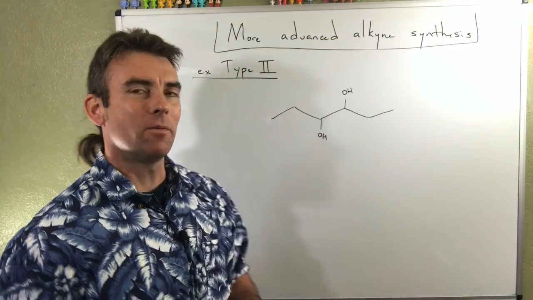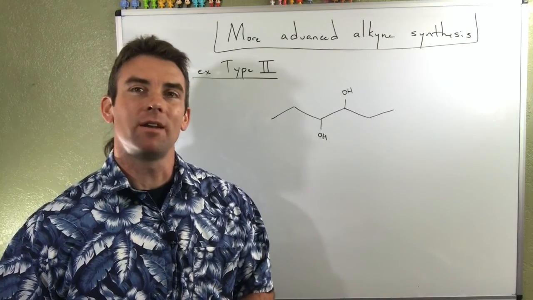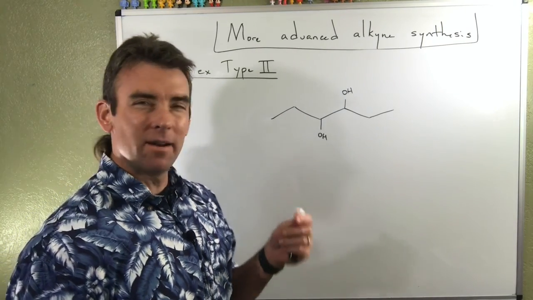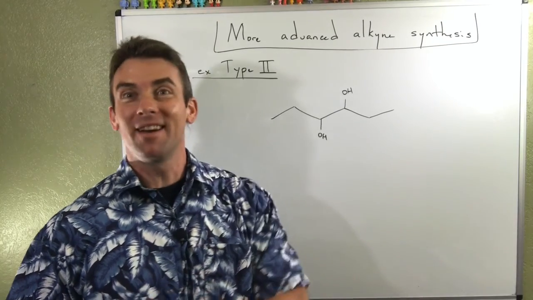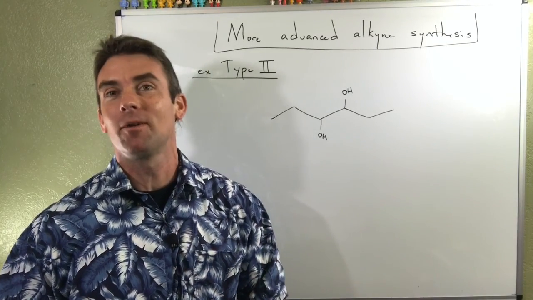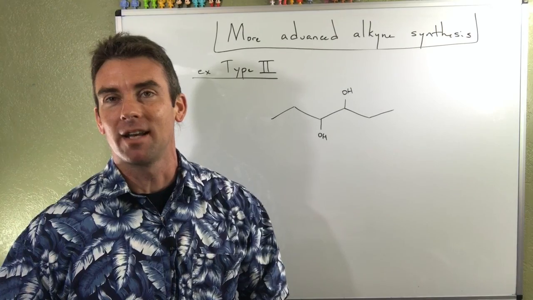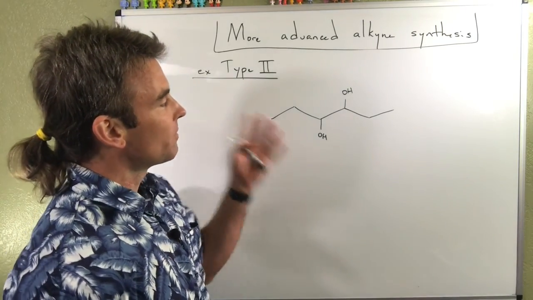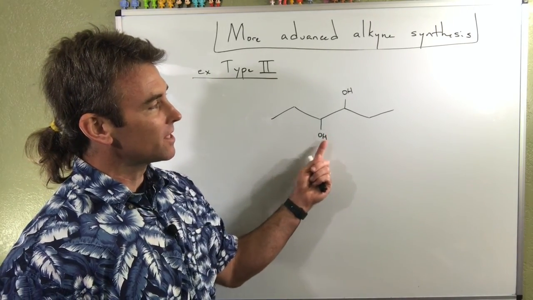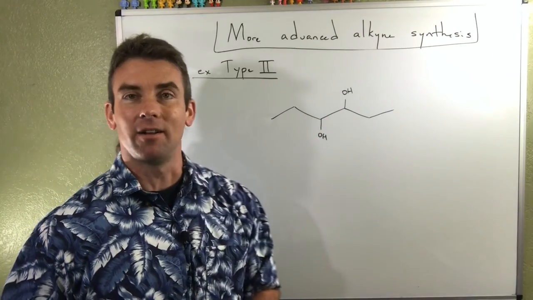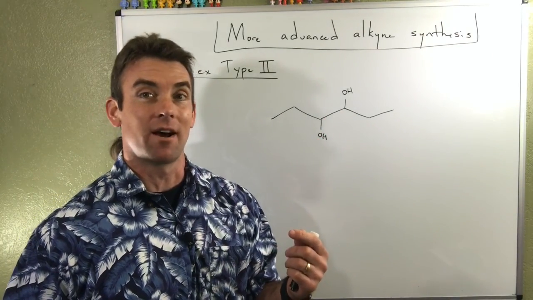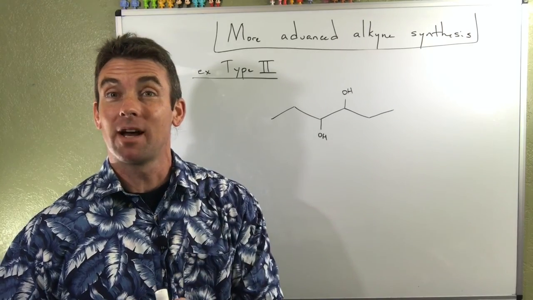And it turns out that usually these type 2 problems are really one step, or sometimes 2 steps, away from becoming a type 1, right? From you being able to recognize where the alkyne came from. So something like this, right? We don't necessarily have any reactions that produce a diol, this thing called the vicinal diol, directly from the alkyne.